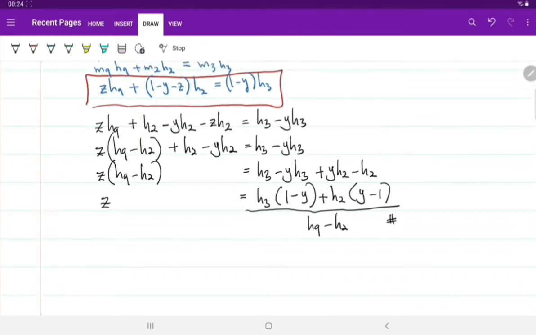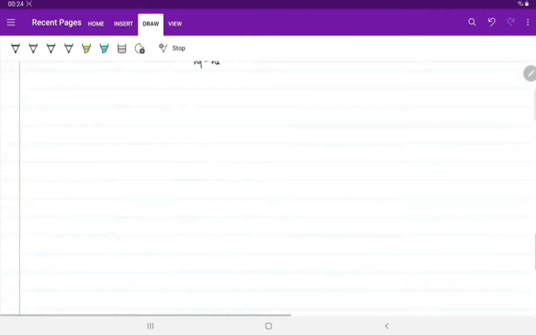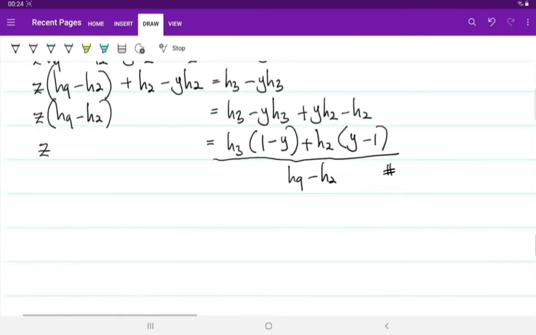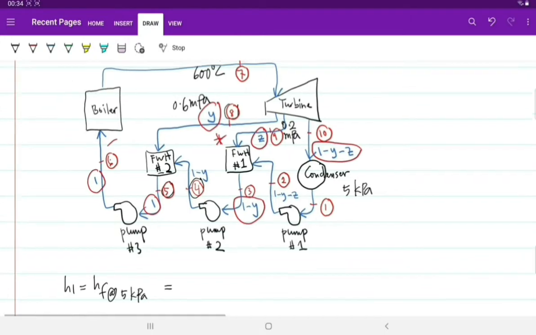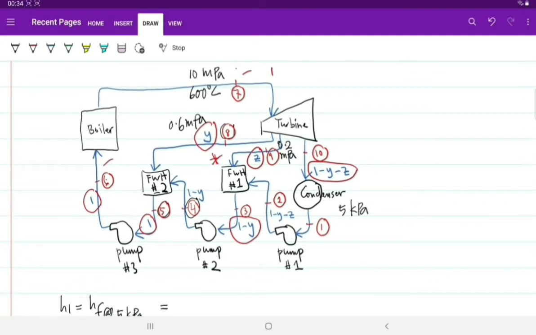So this is the function for Z. Now we can find all the properties at each of the points.